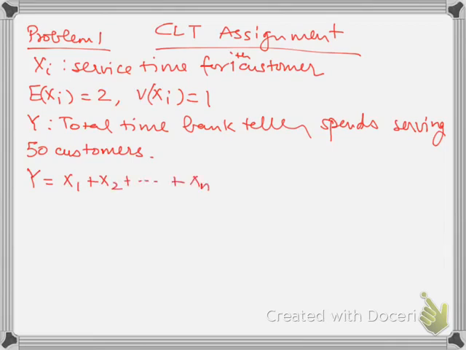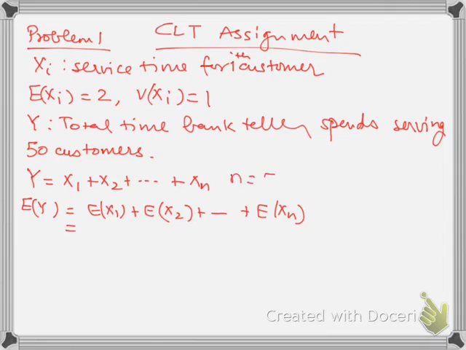And since the xi's are independent and identically distributed, expected value of Y is equal to expected value of x1 plus expected value of x2 plus up to expected value of xn, which, all of them are the same, and n is equal to 50. So it's 50 times expected value of xi, which is 2. It's 100.